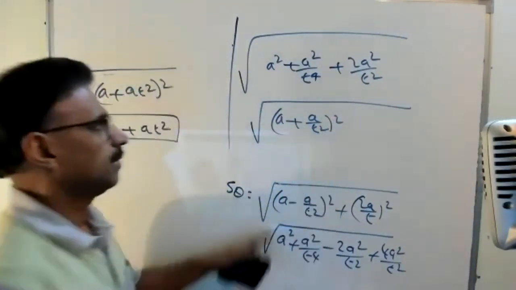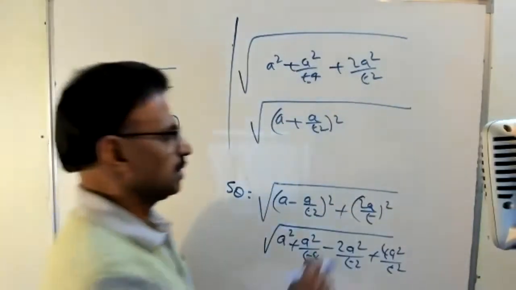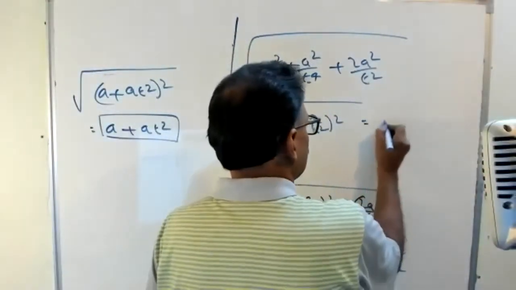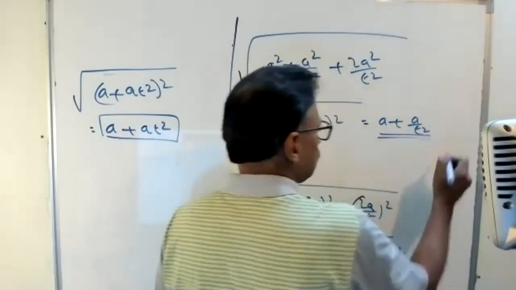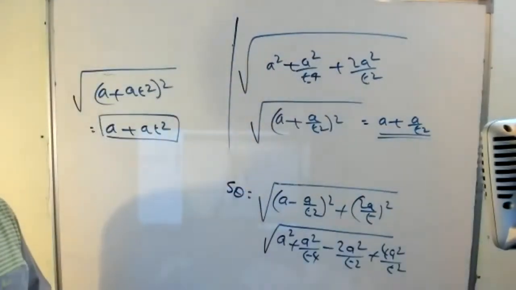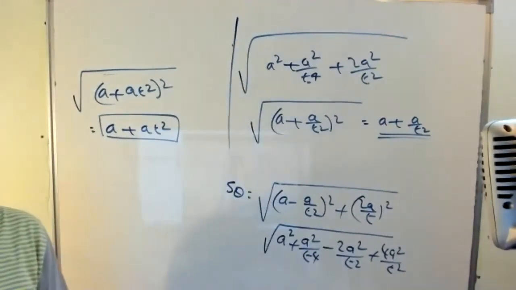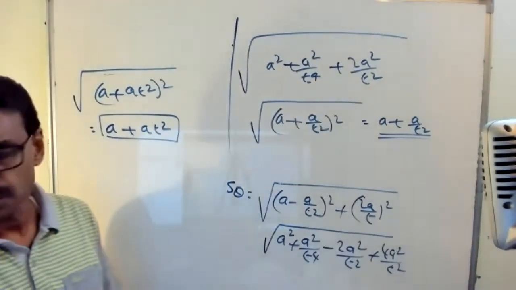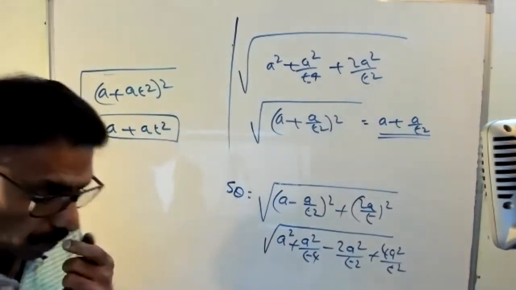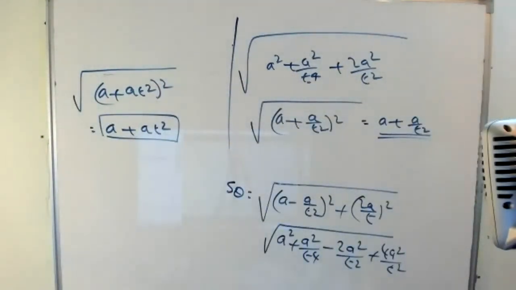Correct or no? A square plus b square plus 2ab, which is equal to a plus a by t square. Okay, now you copy SQ. Clear now? Okay, copy all up to SQ.